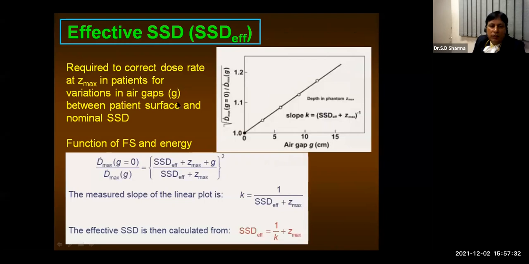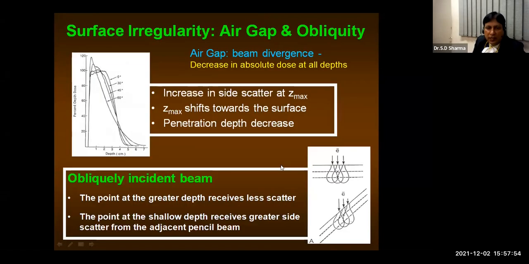Now, if I have to do calculation for certain other distances or with other air gaps, usually we apply the concept of effective SSD, considering virtual source. Once again, I may not like to discuss it further because many of you might have seen this. The purpose of bringing the whole topic was to sensitize people to go through the literature and find out the different things.